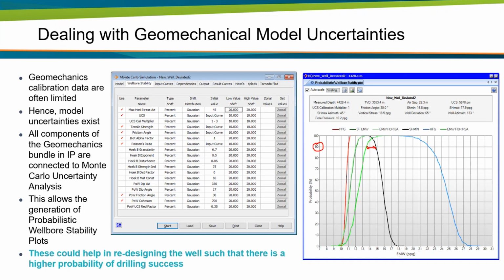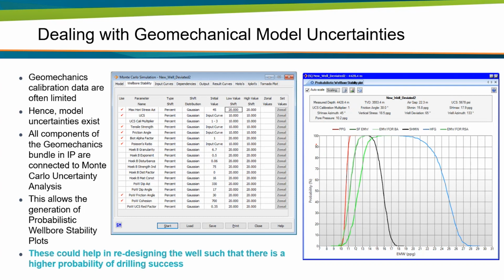So that is how the Monte Carlo uncertainty analysis can help you in your wellbore stability analysis to come up with the best design for the well and the best chances that it will work.